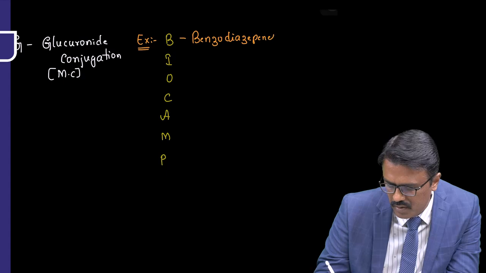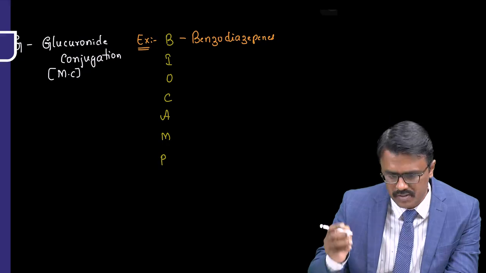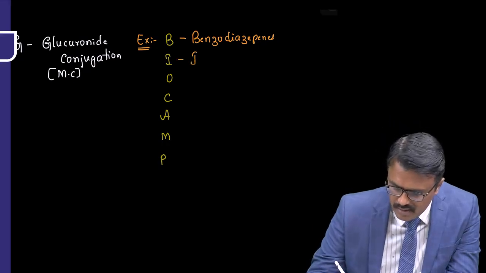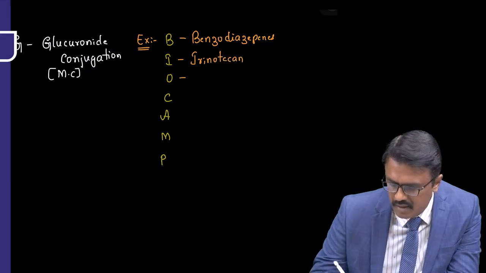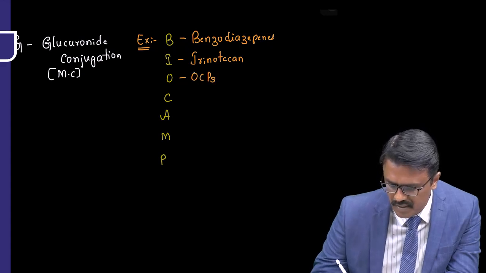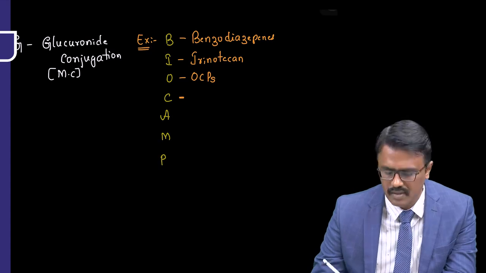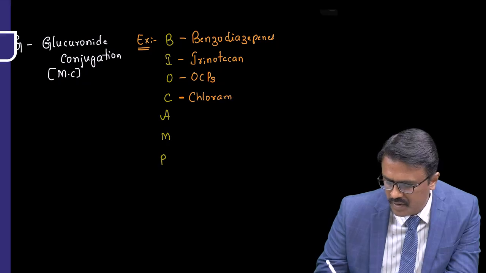They undergo glucuronide conjugation. We'll discuss that when we come to sedative hypnotics. I stands for an anti-cancer drug, irinotecan. Then O stands for oral contraceptive pills, which are used to prevent pregnancy, that is conception. Then C stands for an antibiotic, chloramphenicol.